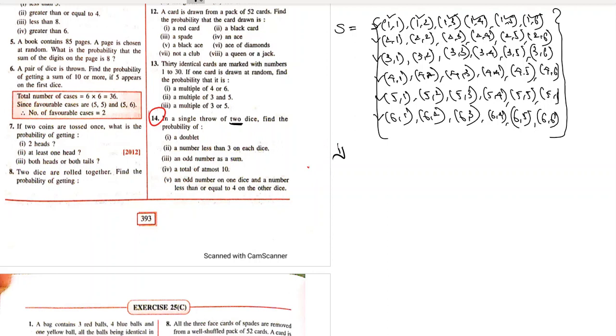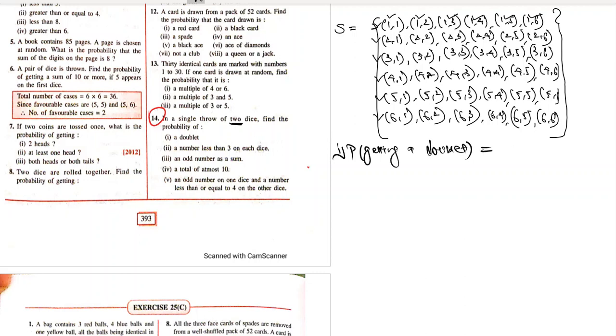Now what is a doublet? Doublet means double number. Now when you throw 2 dice, the sample space is as you can see in front of you on your screen. The sample space contains how many outcomes? 36 outcomes. So what is the probability of getting a doublet? Probability of getting a doublet is equal to the number of favorable outcomes.